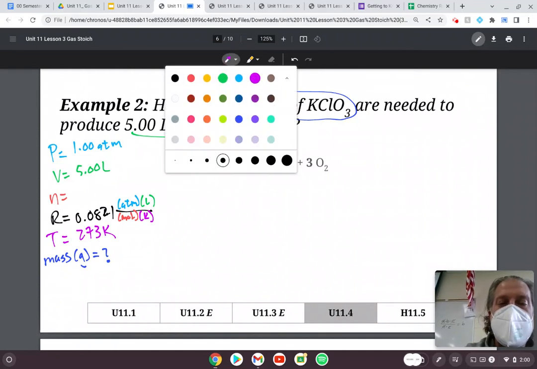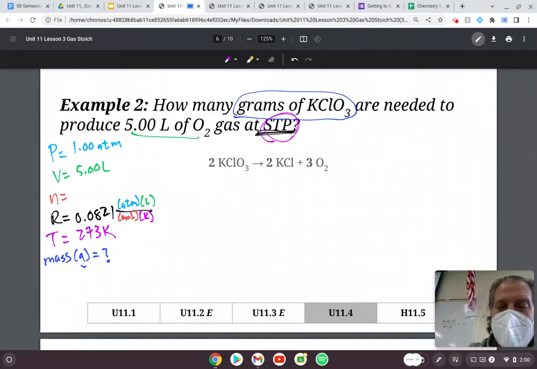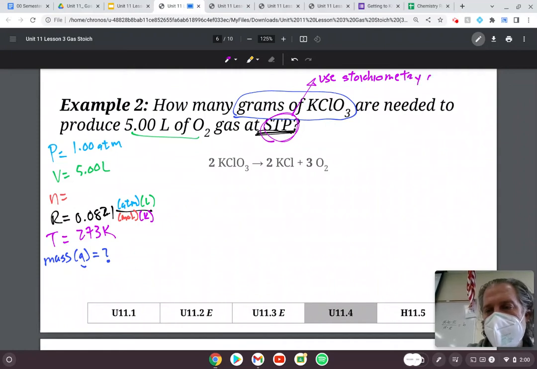And because this problem is at STP, we can use stoichiometry as a shortcut.